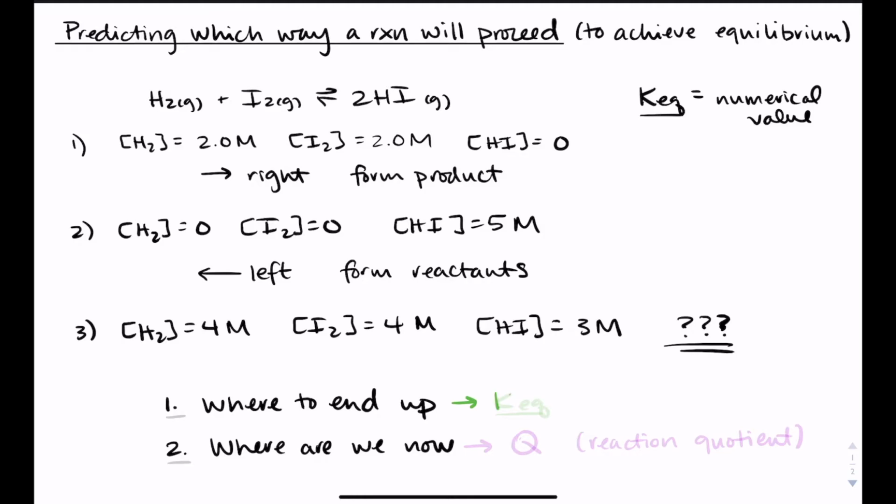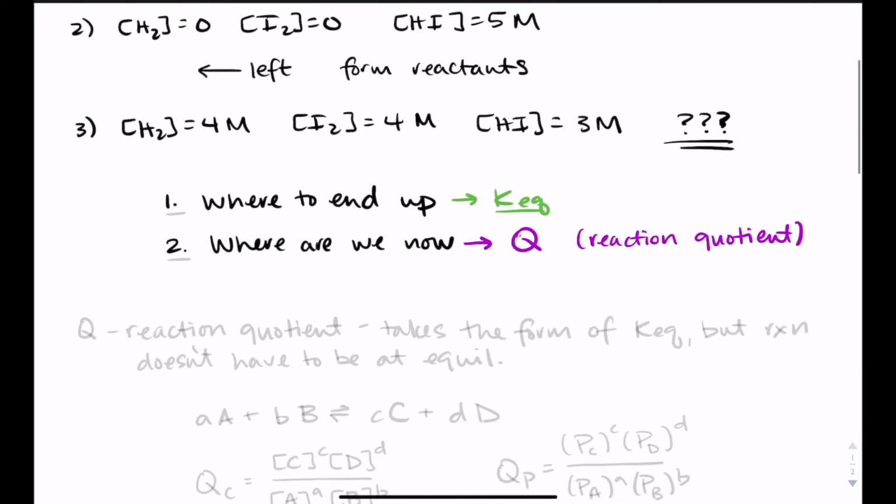KEQ is the numerical value that tells us the balance at equilibrium. The where am I now? We call this the reaction quotient. I'm going to go into how to get the reaction quotient. This Q, reaction quotient, is going to come back up in multiple modules, so don't forget about Q. It tells you where you are now.